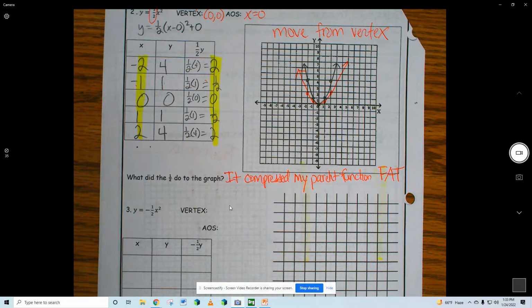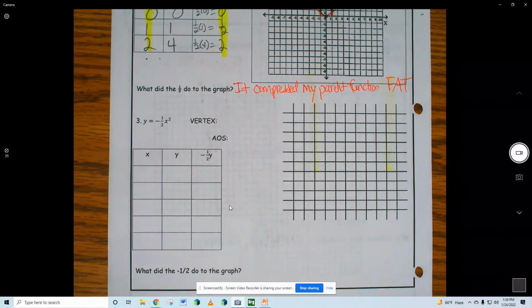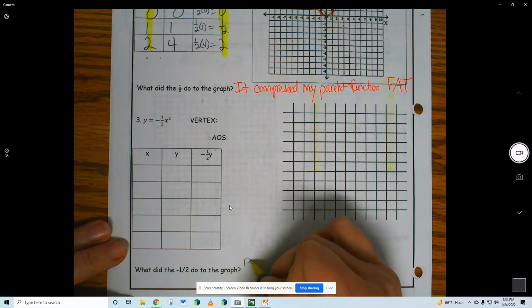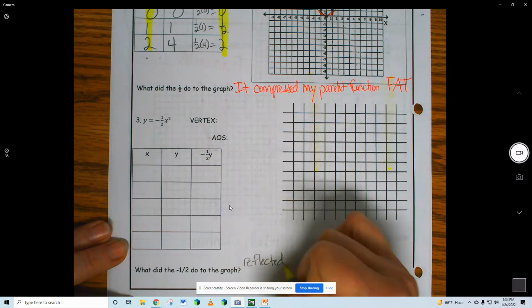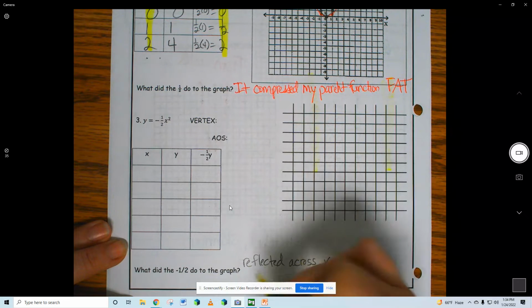What? Negative 1/2. What's a negative 1/2 going to do? What's the negative sign? What? So I'm going to say both the parent function reflected across the x-axis and facing down.